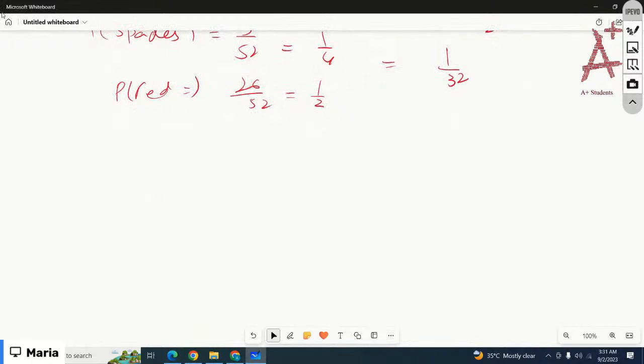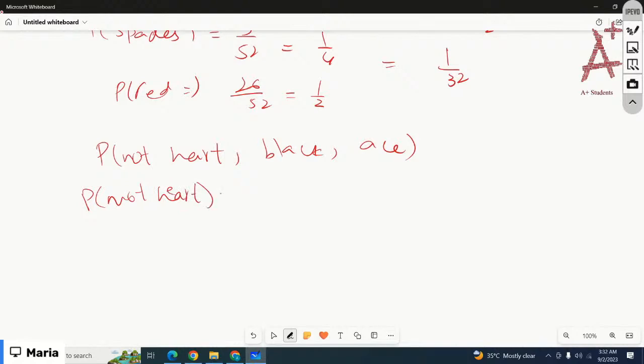Let's calculate the probability of not heart. You have to calculate the probability of heart and subtract it from 1. The probability of heart is 1 over 4, right? So the probability of not heart is 1 minus 1 over 4. That would be 3 over 4. That is the probability of not heart.